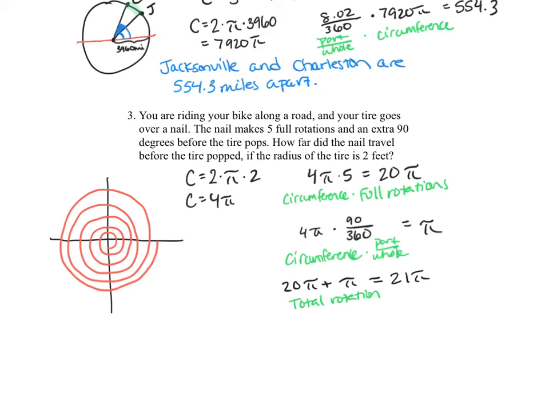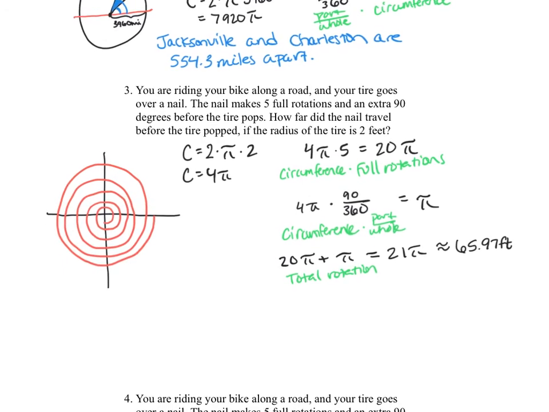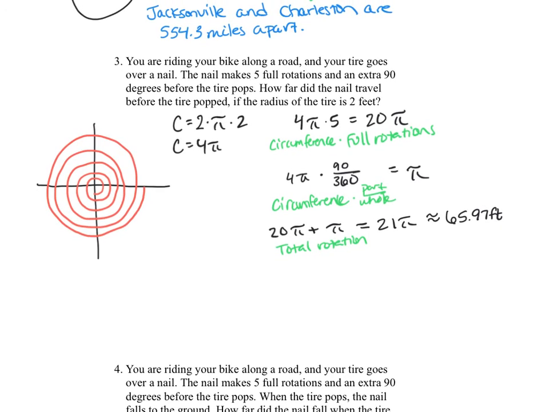If you want to leave your answer as 21 pi, I'm okay with that. Feel free to also plug that into your calculator, and you'll get 65.97 feet. If I'm to write a sentence, I might say, the nail traveled 21 pi feet, which may not mean anything to us.